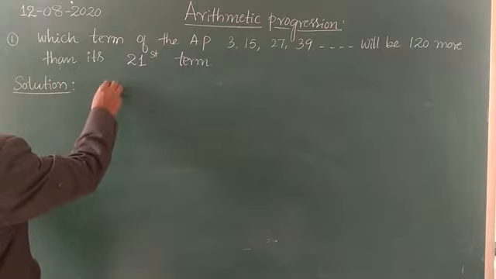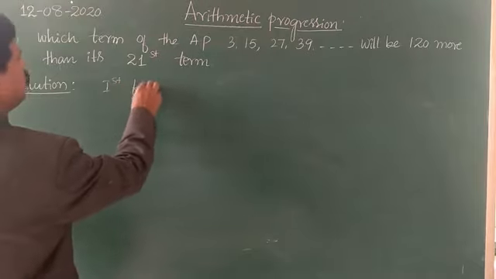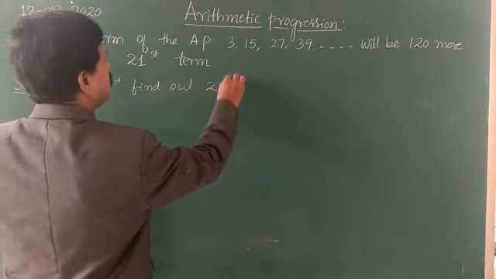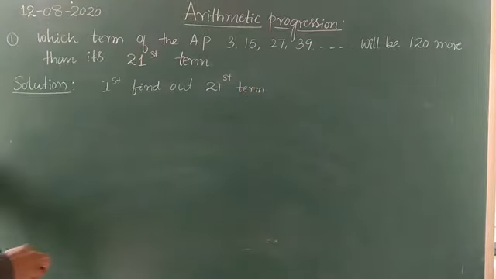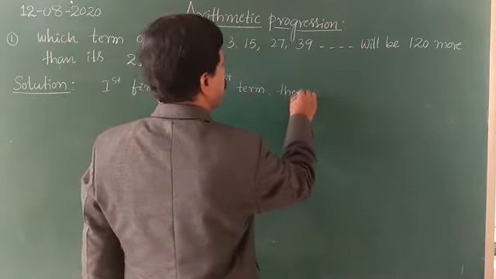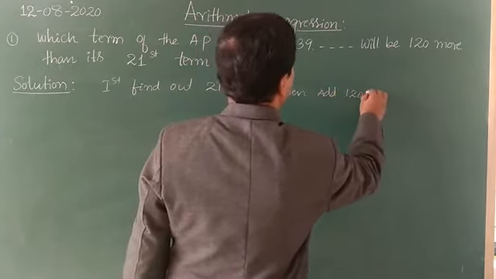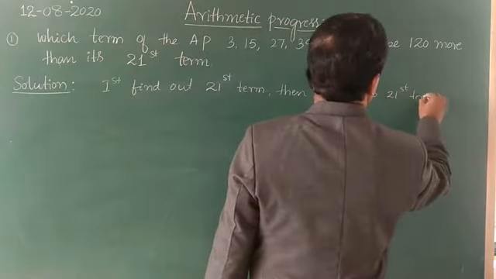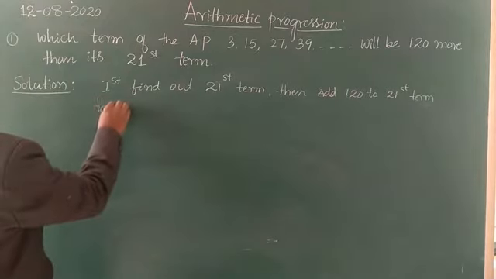Now we are finding the nth term of the two APs. Are you clear? The first one we take the nth term as an, and for the other the nth term as capital An. For the first, the first term is small a and the common difference is small d. For the second, the first term is 69 and the common difference is capital D. So an is equal to a plus n minus 1 into d.